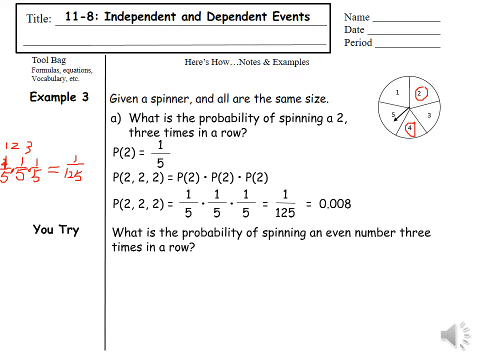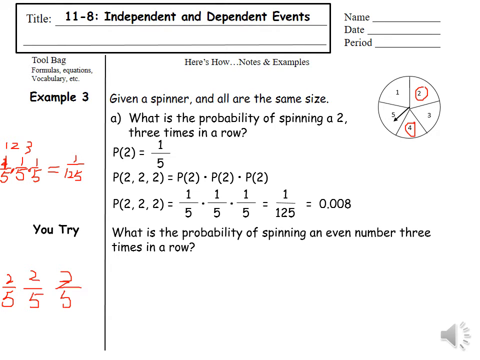So there are 2 even numbers out of how many in total? 1, 2, 3, 4, 5. So it's 5. The probability of being an even number is 2 out of 5. That's the first time. Again, as we just mentioned, the spinner is an independent event, so the second time is also 2 out of 5, and the third time is also 2 out of 5.